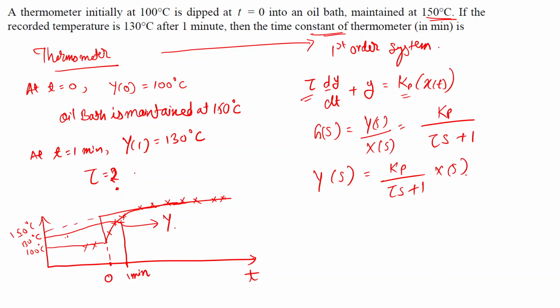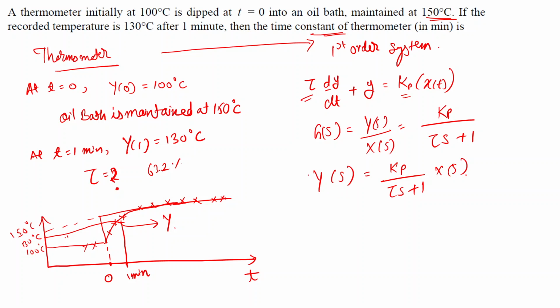So tau we define as the time taken by the system to reach 63.2% of the output change, that is 50 into 0.632 plus 100. How much time is taken by the system to reach that value is defined as the time constant.